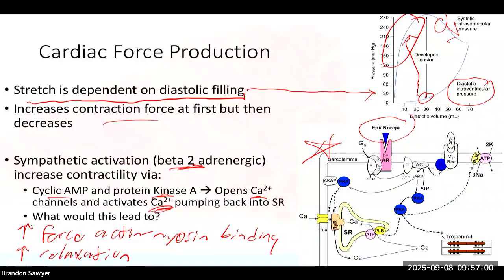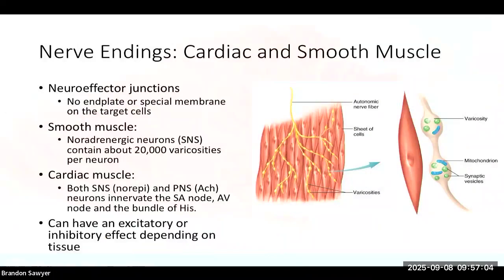All right, just a couple things about smooth muscle before we finish out here. So one thing that's true in both smooth muscle and cardiac muscle is that we have different ways that our nervous system interacts with our muscle cells. In skeletal muscle, it's always the end of a neuron going right to the muscle cell.